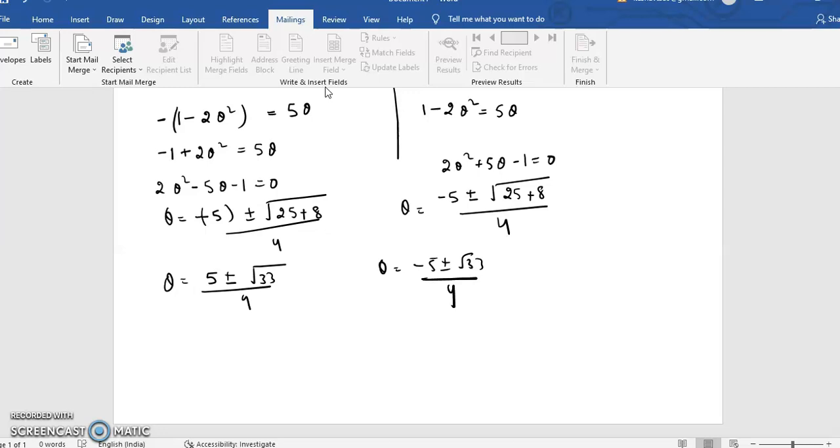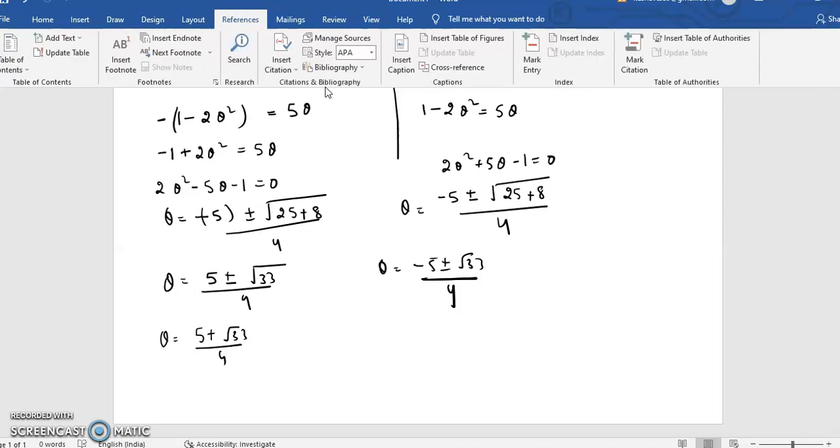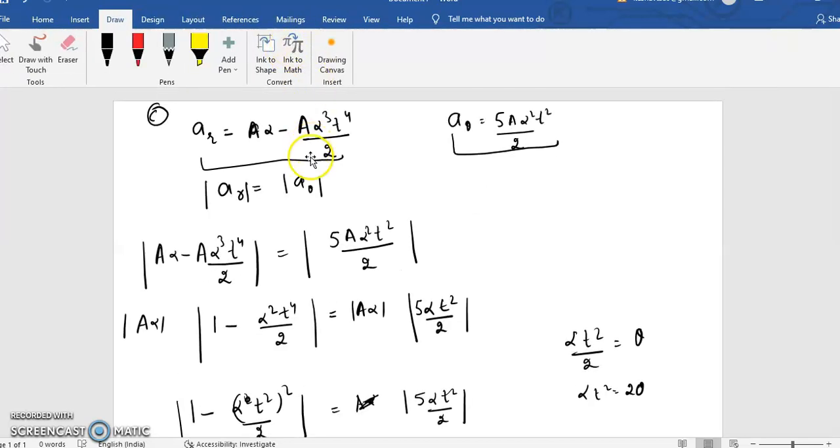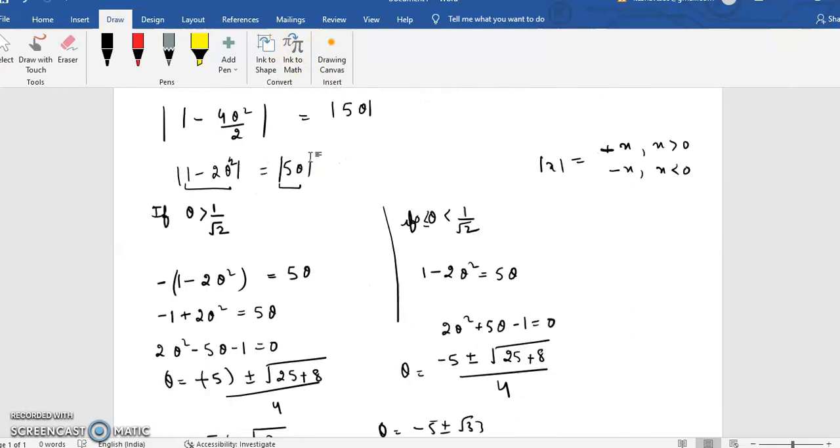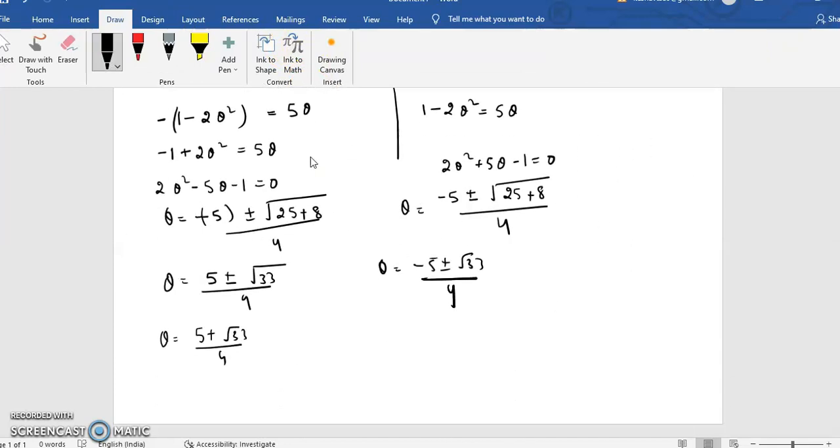So as you can see, theta cannot be negative. So I have to remove the part which I have to cancel. I have to take only this part, because if I take minus root 33, it will become negative, and I have assumed above that theta is greater than 1 over root 2. So I can take only this value, and I have to neglect the negative part.